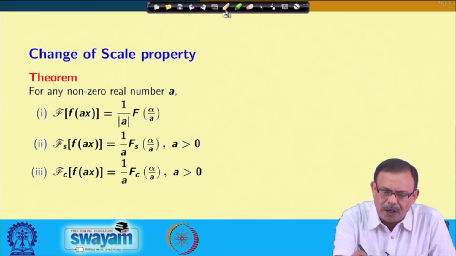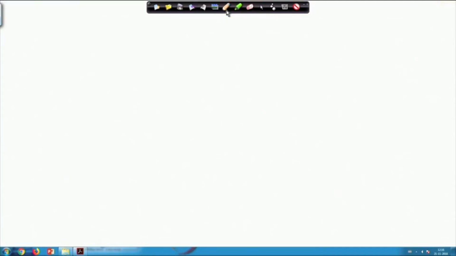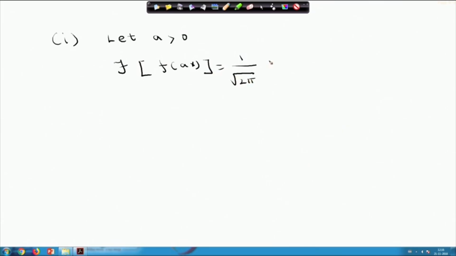So again, let us come to this one. For the proof of 1, I am assuming that a is greater than 0. Then the Fourier transform of f(ax) equals 1 by root 2π, integral from minus infinity to infinity of f(ax) e^(iαx) dx.